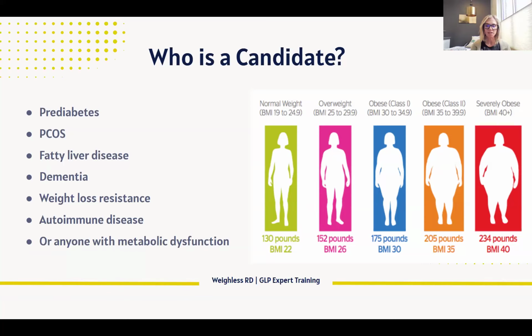But the point is, is there an opportunity to address metabolic dysfunction a little bit earlier? And again, these diagnoses are advanced metabolic dysfunction, so those types of patients are obviously going to be really good candidates.